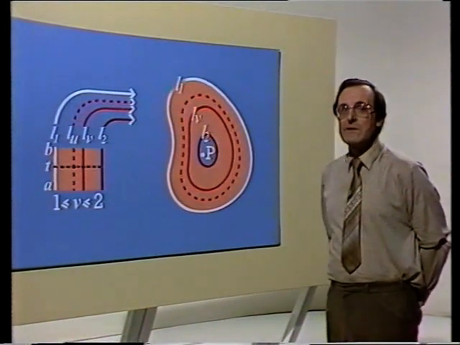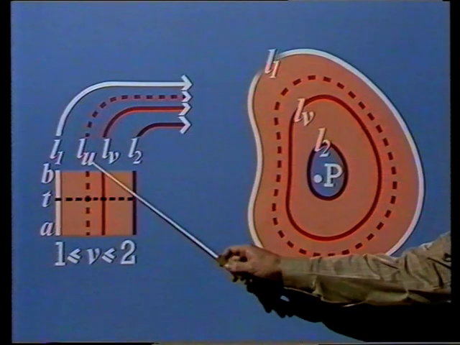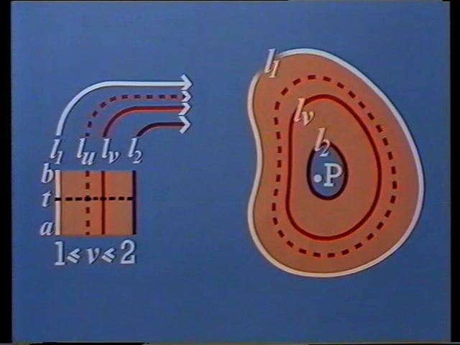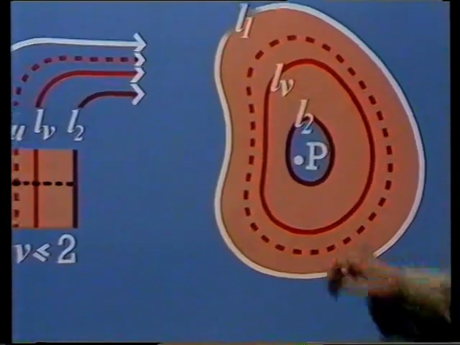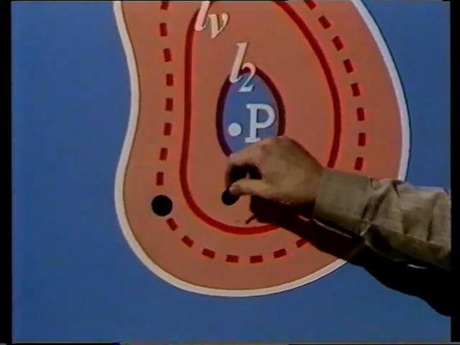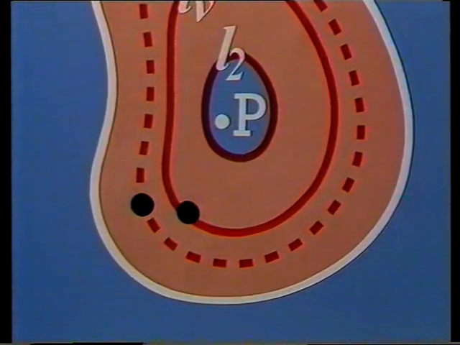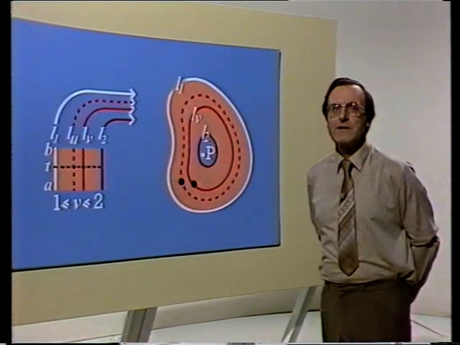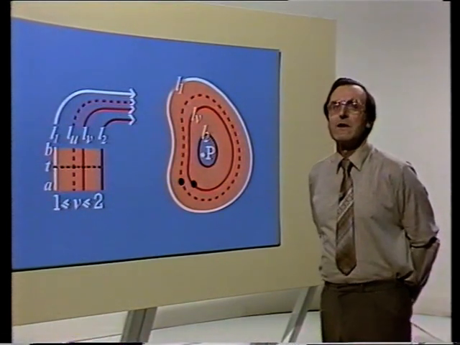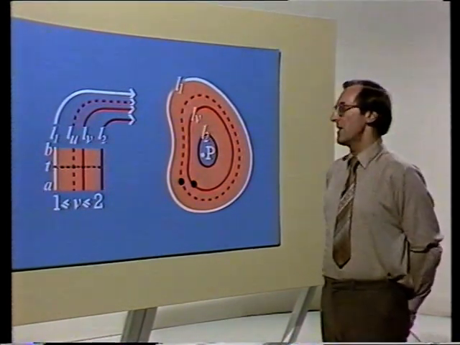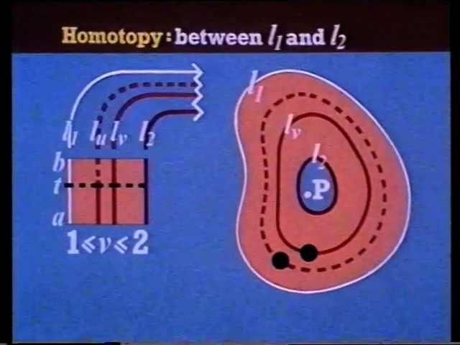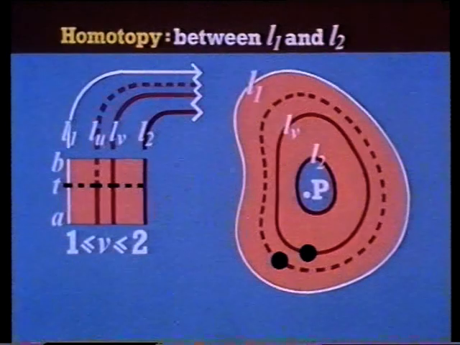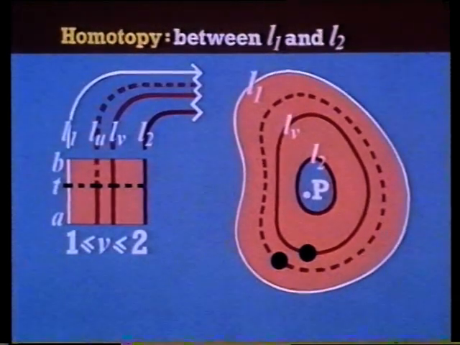If we consider any two numbers v and u, which are close together, then for each point t in the interval AB, Lu of t is close to Lv of t. So that's what's meant by a continuous variation between two loops L1 and L2. And we give the idea a special name. We call it a homotopy between the loops L1 and L2, or we say L1 and L2 are homotopic.